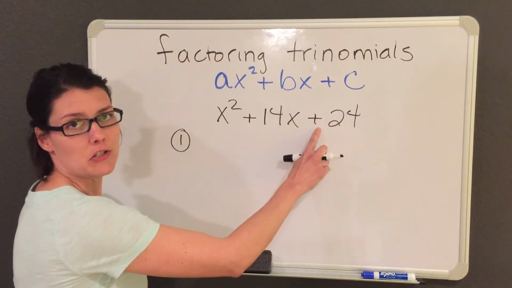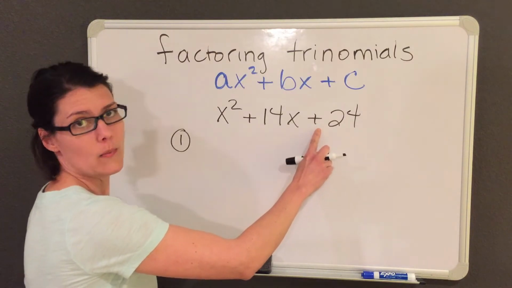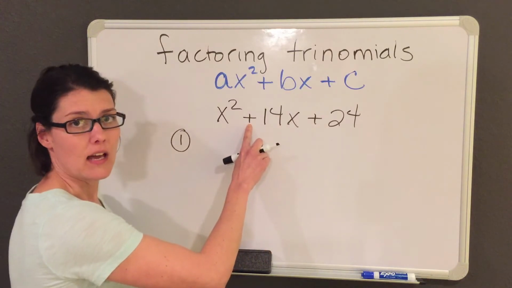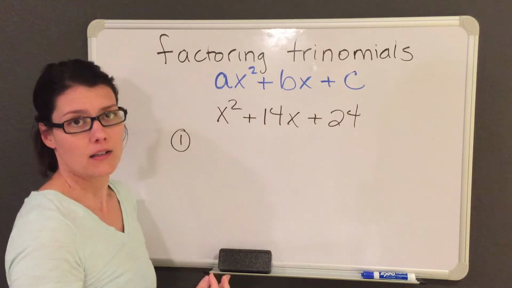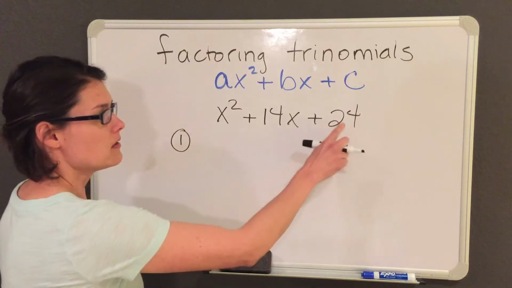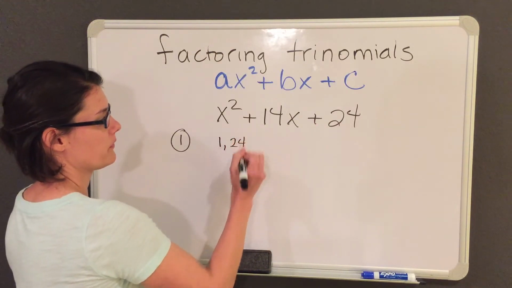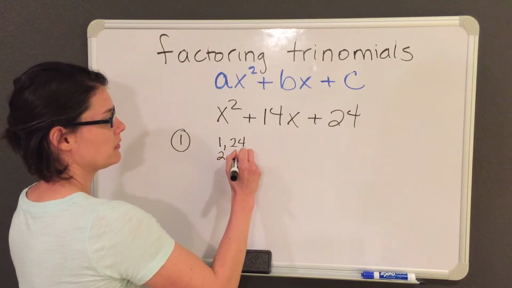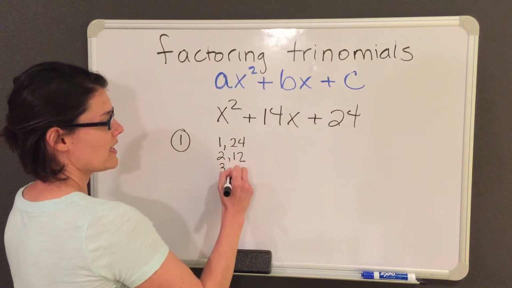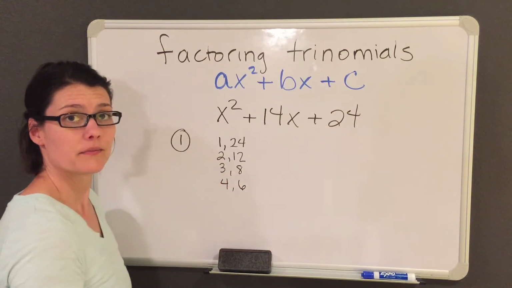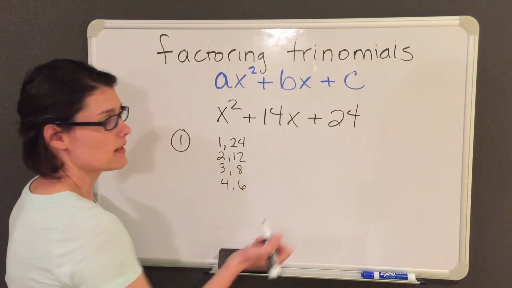Either both factors are positive or both factors are negative. Since I want a positive sum, I'm only going to look at positive factors. So factors of 24 are 1 and 24, 2 and 12, 3 and 8, and 4 and 6. That is step 1.